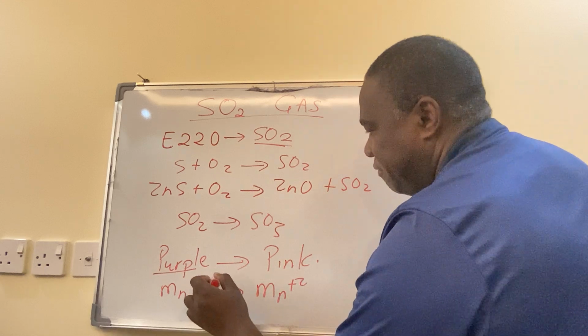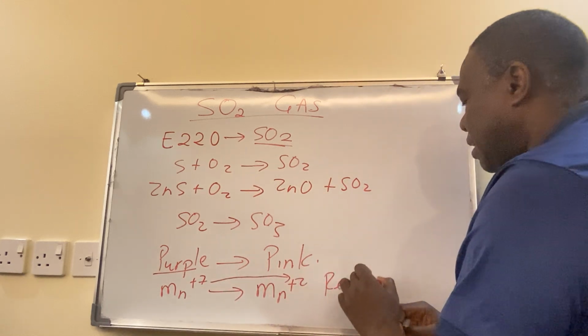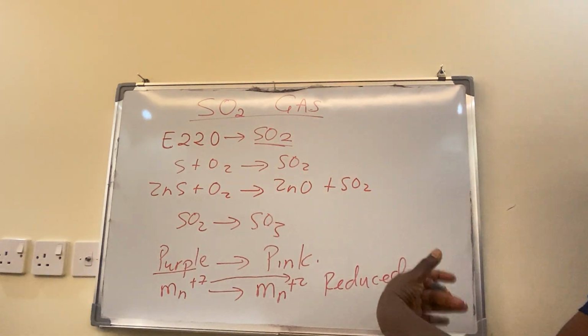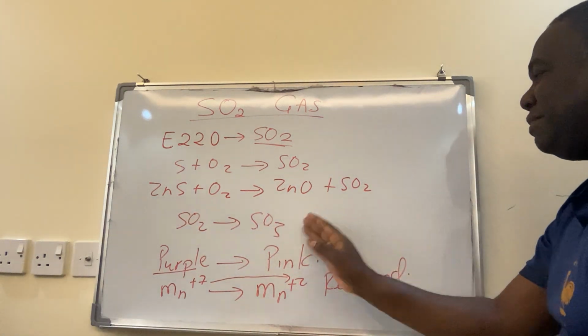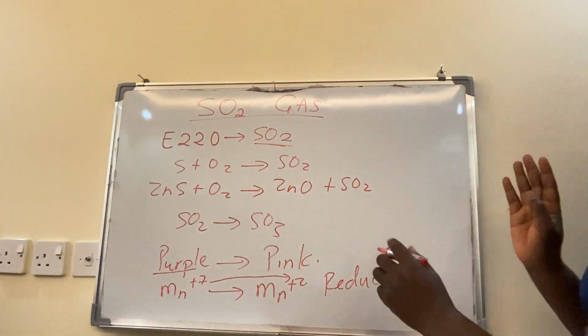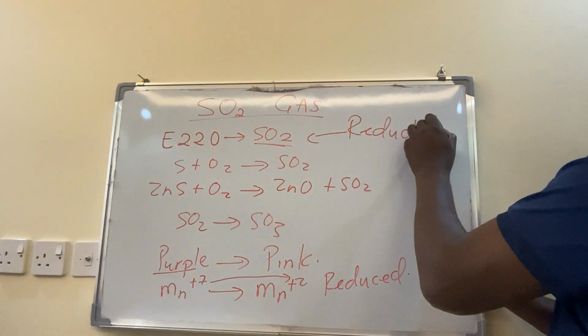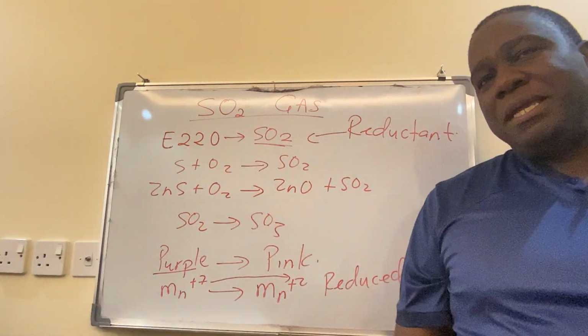So from plus 7 to plus 2, this is actually manganese being reduced, but the sulfur dioxide will be changed to sulfur trioxide. It's going to be oxidized. So sulfur dioxide can be called a reductant. When we are testing for it in the lab, we use this property of being a reductant.